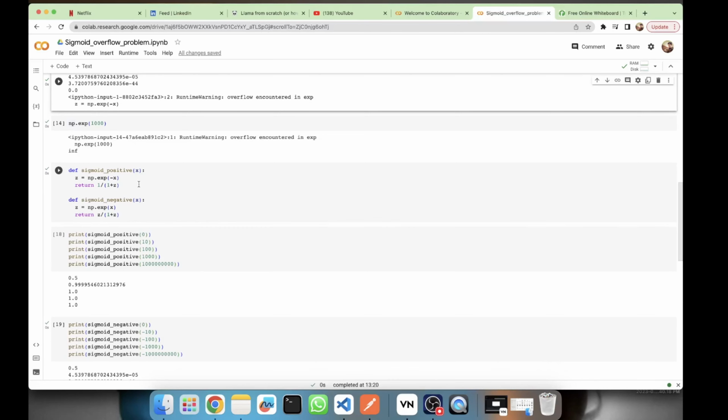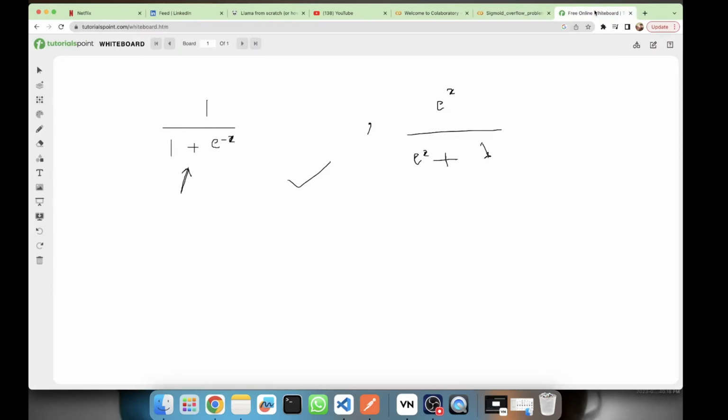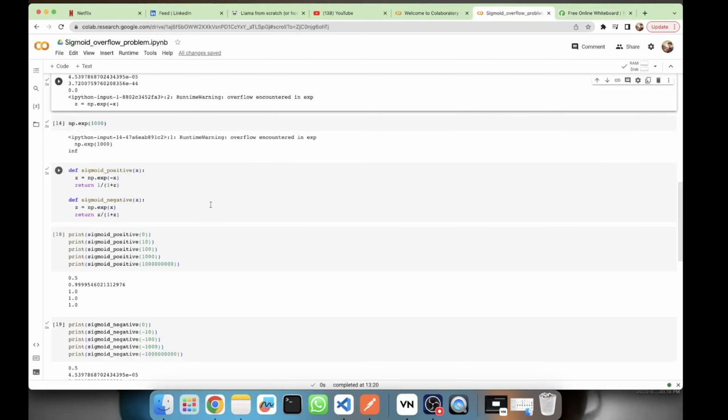One implementation for positive values and one implementation for negative values. These two formulas which you are seeing here: the first one is 1 upon 1 plus e to the power minus x, and the second one is e to the power x upon e to the power x plus 1.